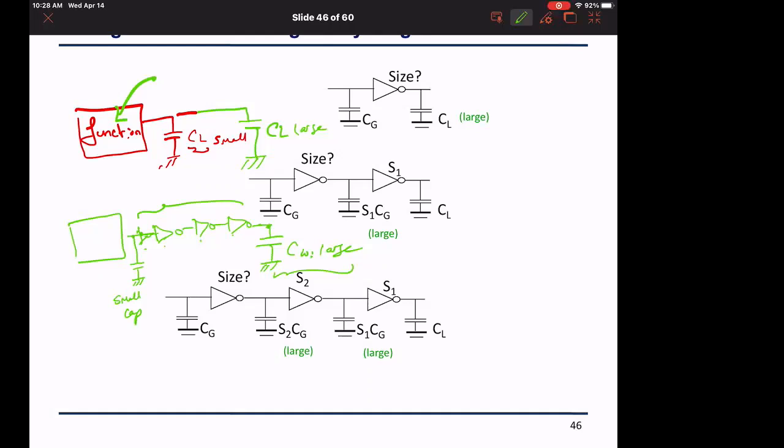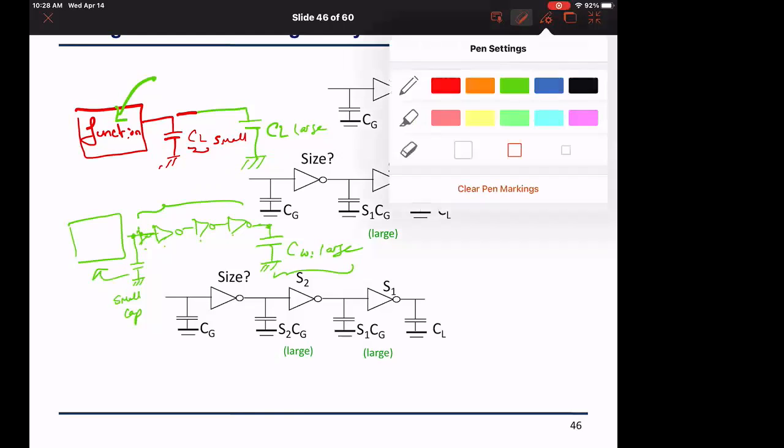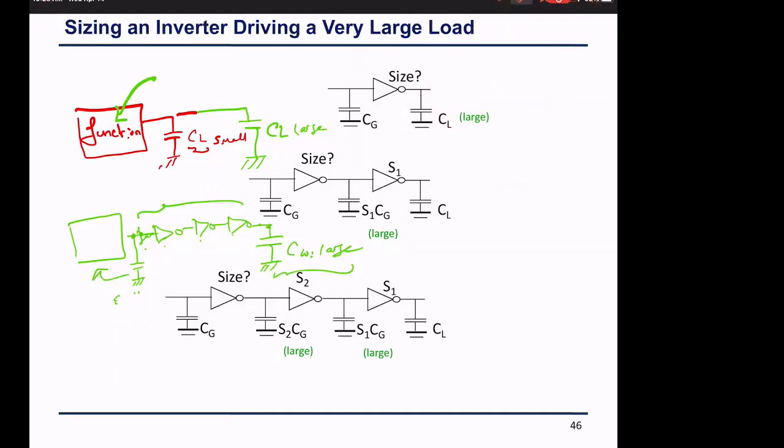My job is to add a buffer made of many inverters such that it can handle the large capacitor with minimal delay. My penalty is the area, without subjecting the previous pre-designed block to the problem of facing the large capacitor. The previous block is going to see the small capacitor, the input capacitance of my buffer. So basically this is the motivation of our work.